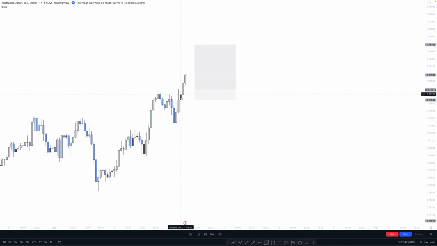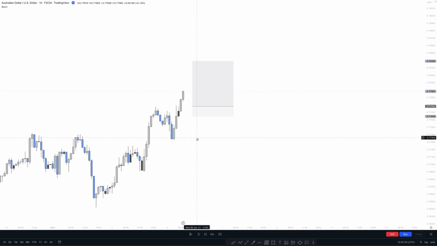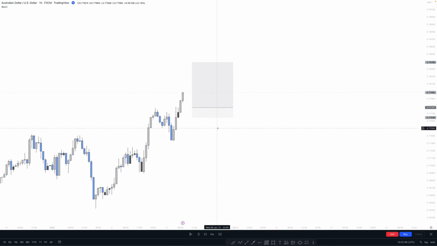So this is where we want to get involved, on this inside bar candle right here. This is basically our demand zone for a continuation trade. So as I mentioned, I do not like continuation trades that much on AUD/USD, and again guys, this is something only personal to me, okay? And this is why it is important to do your work.